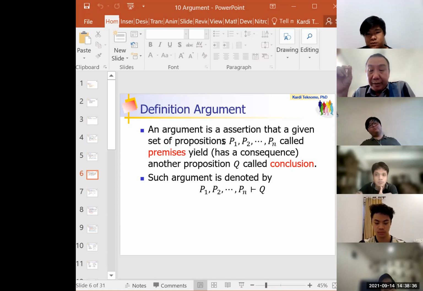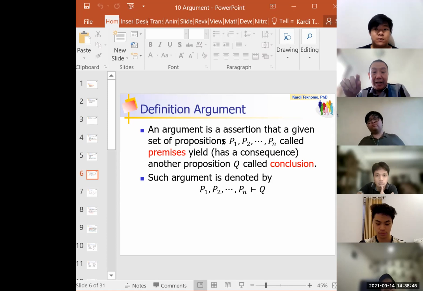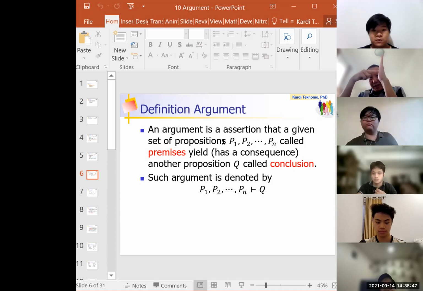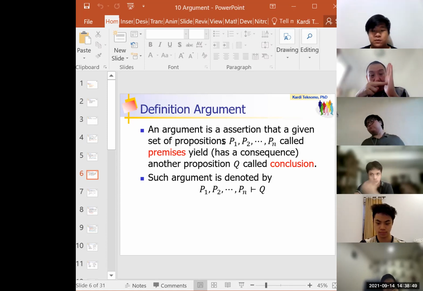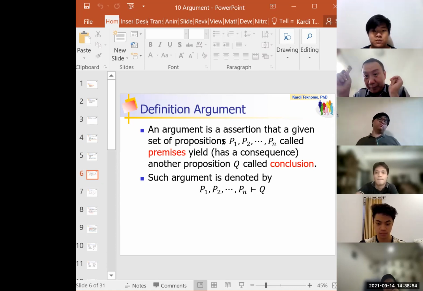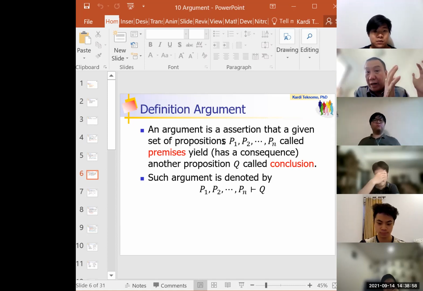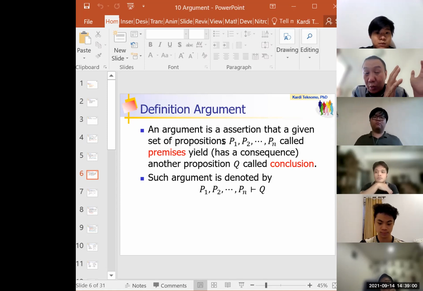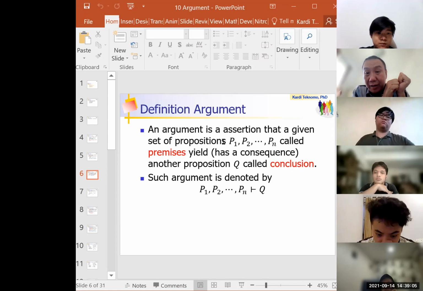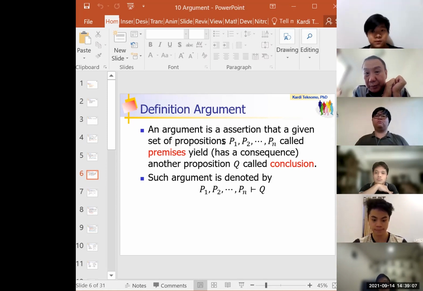So then we write an argument shortly as this, P1, P2, until Pn, and then that symbol, which represents if-then. If P1, P2 until Pn are true, then Q must be true.